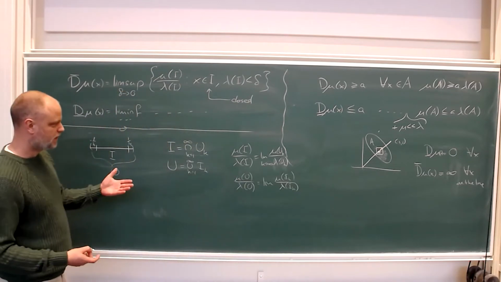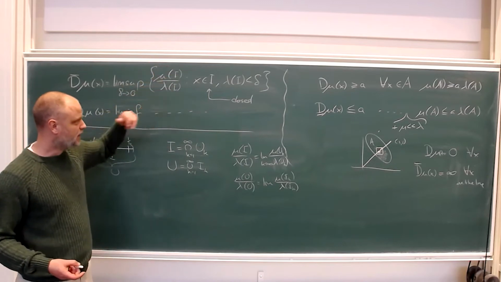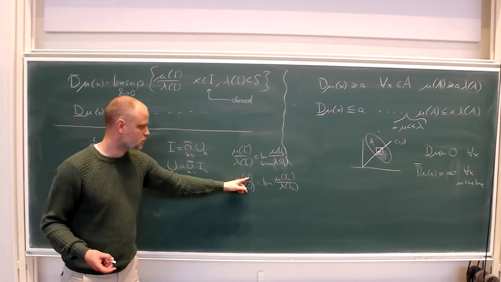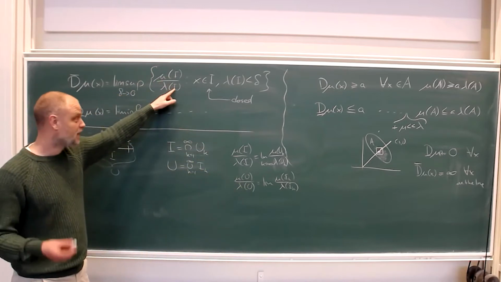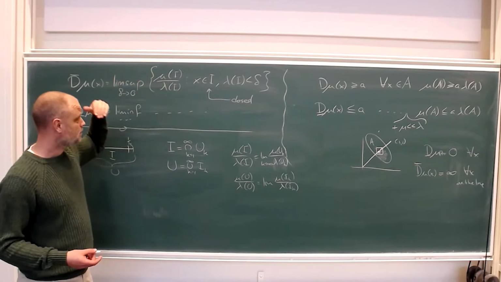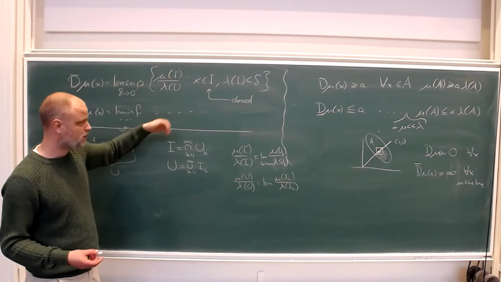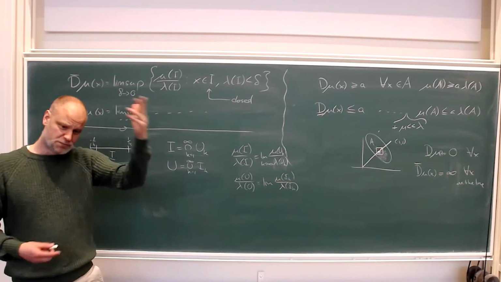So with this, it's clear that if I use closed ones in the definition here, I can get arbitrarily close to a similar quotient with open sets, right? So if I do the lim sup with the open ones, it's at least going to be bigger. But then if I consider the lim sup with the open ones, I can get arbitrarily close using closed ones, and then that lim sup is bigger again.